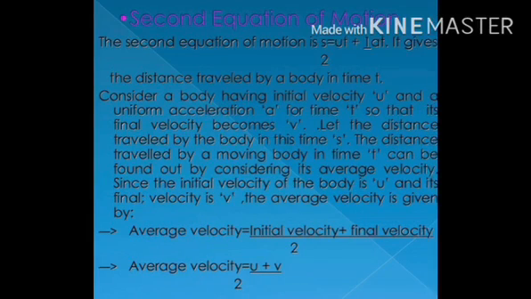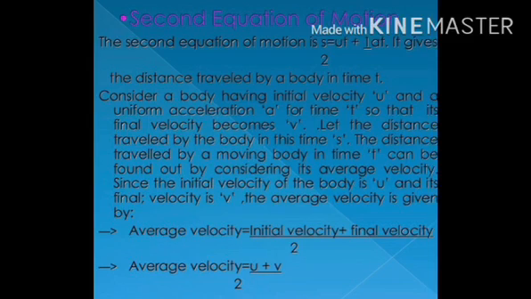Second equation of motion. The second equation of motion is s = ut + ½at². It gives the distance traveled by a body in time t. Consider a body having initial velocity u and a uniform acceleration a for the time t, so that its final velocity becomes v. Let the distance traveled by the body in this time be s.